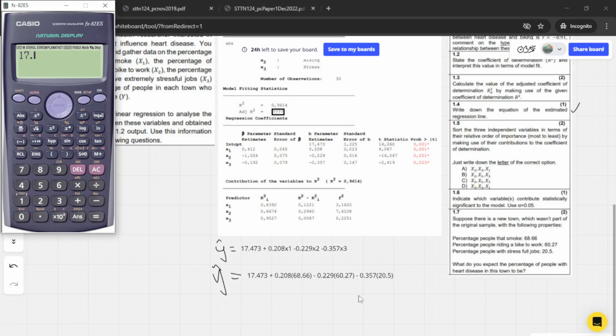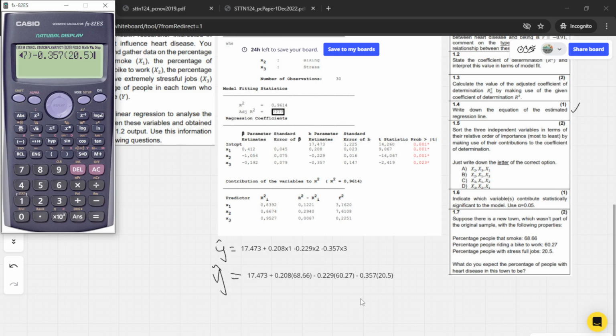You're going to type 17.473 plus 0.208 multiplied by 68.66 minus 0.229 open bracket 60.27 close bracket, minus 0.357, and then open bracket 20.5.